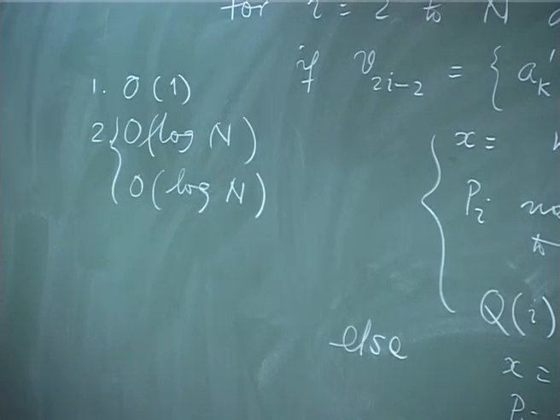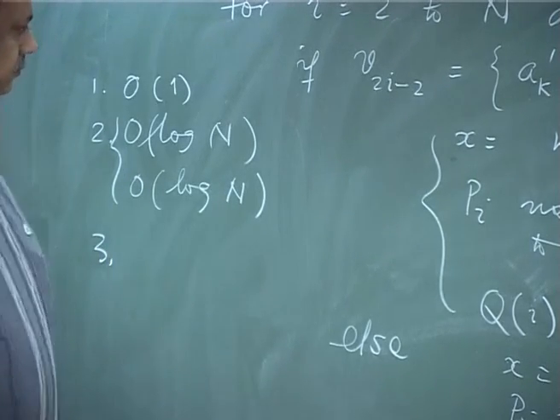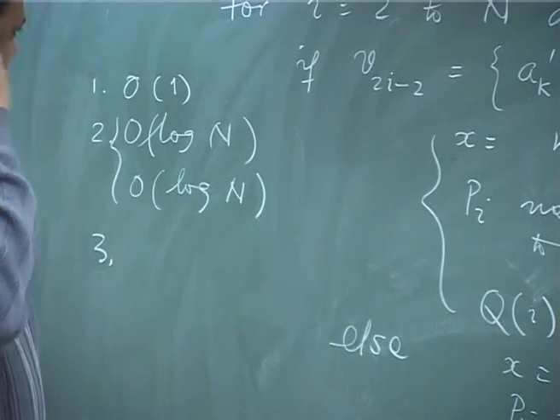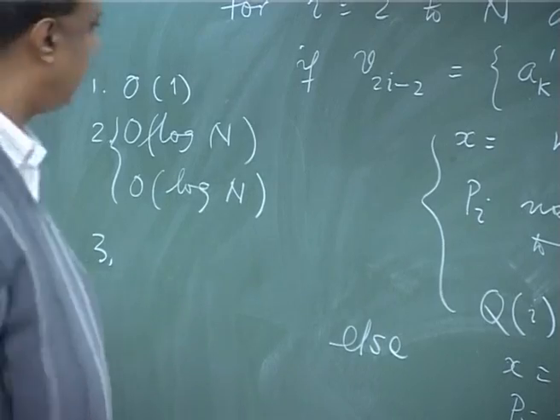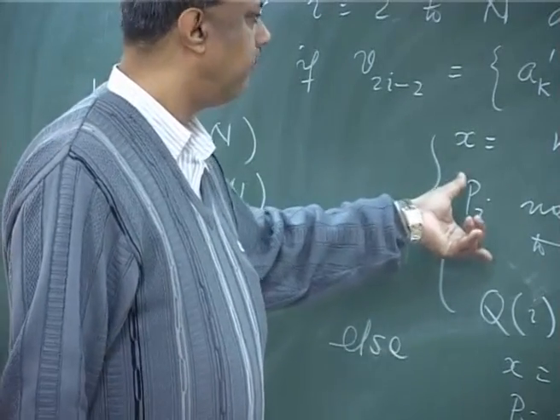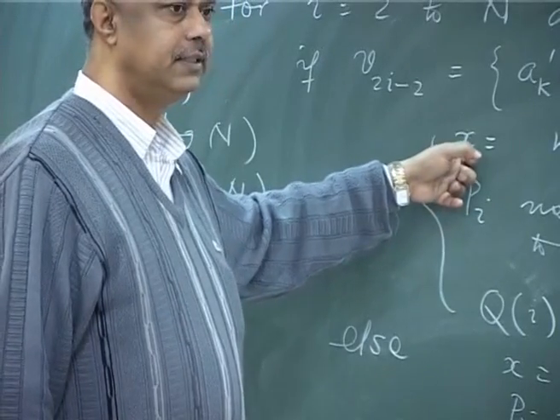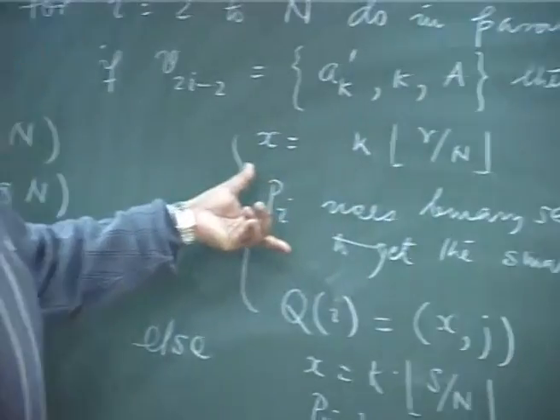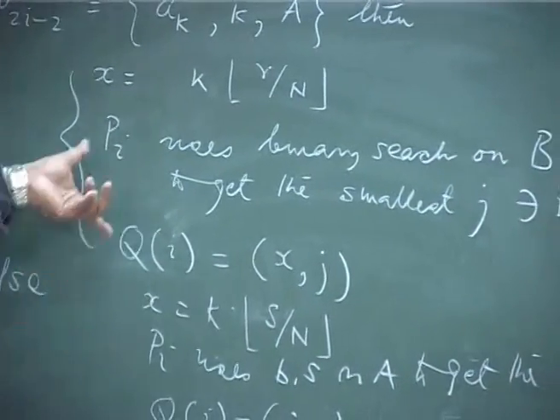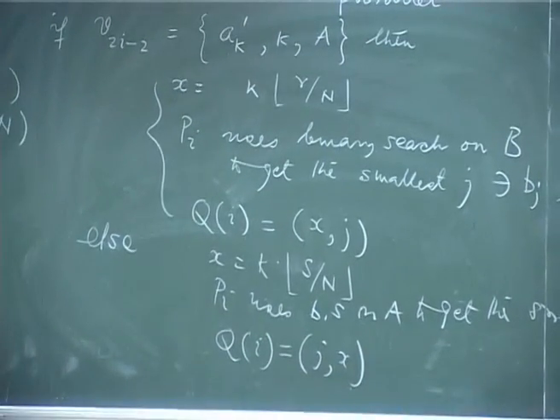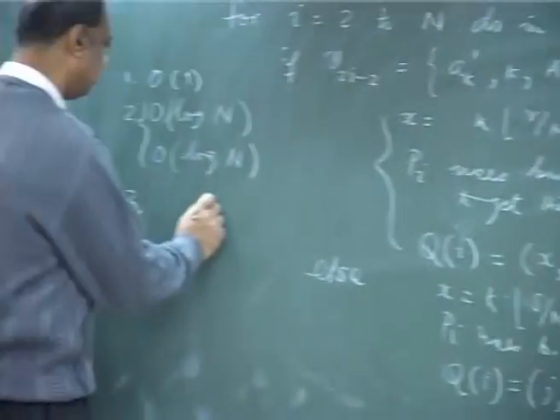Now in step 3, you are doing binary search on B, right? This takes constant time. You need binary search of B, and since you have S elements, it takes log S time.